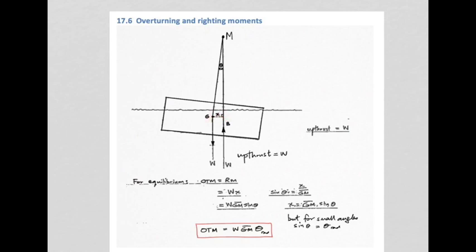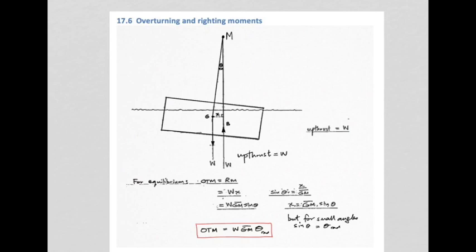Right, now that moment arm, if you analyze this triangle over here, and this triangle has in it distance GM, and it has angle theta, which is the amount of roll that we have, the amount of displacement from the original position. We would have sine theta equals x over GM, making x distance GM sine theta. So we can take that x and we can put it in over here, and we end up with vessel's weight times distance GM times sine theta.